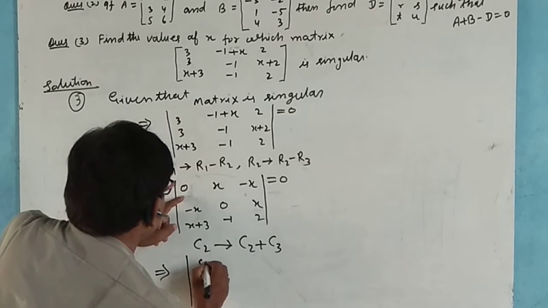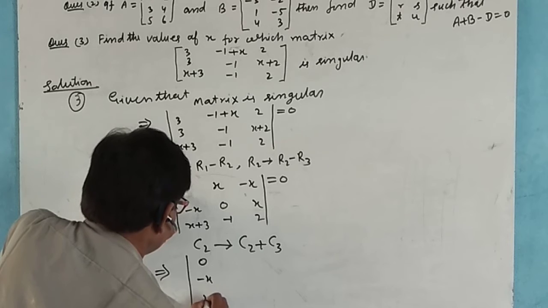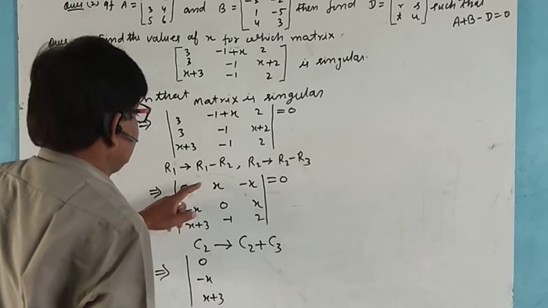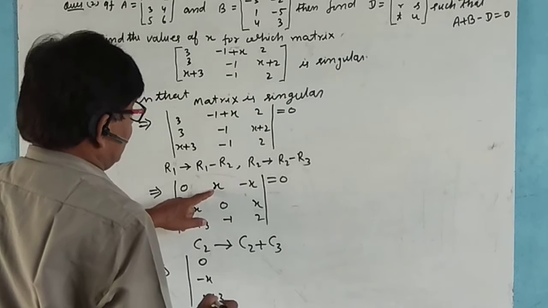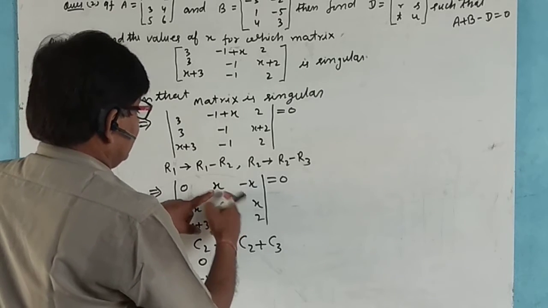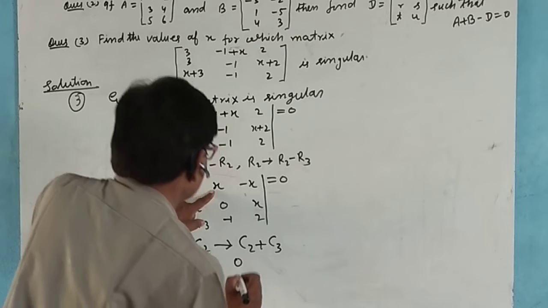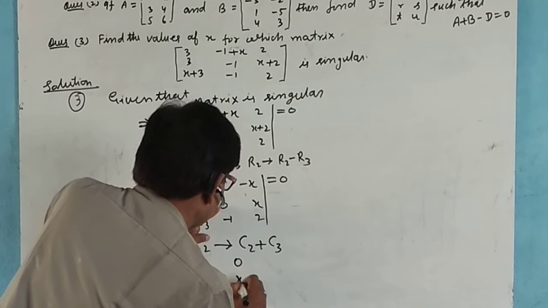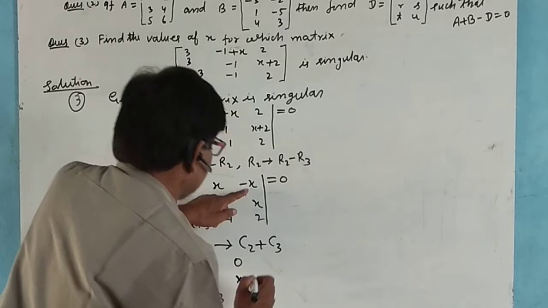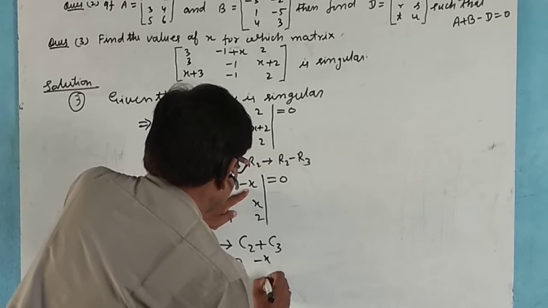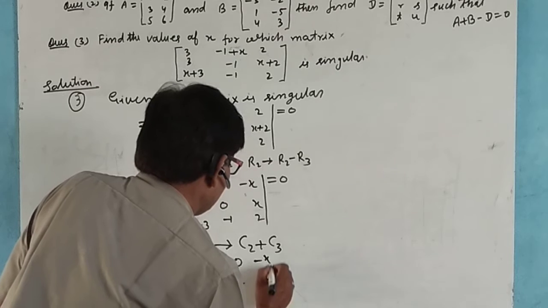It means that this is 0, minus x plus 3. C2 is replaced by this: C2 plus C3 adding gives 0, and this adding x, this adding 1, and this is unchanged, minus x and 2.